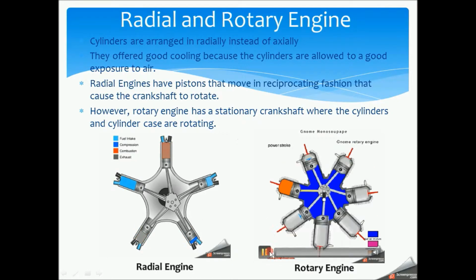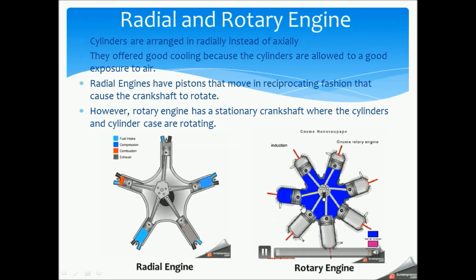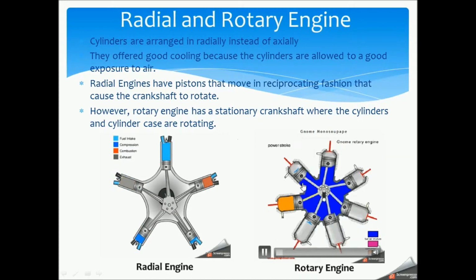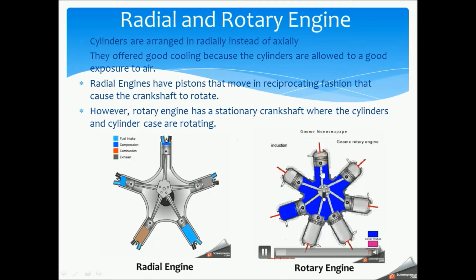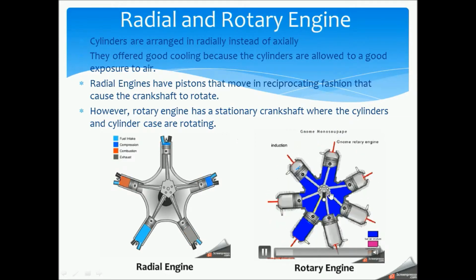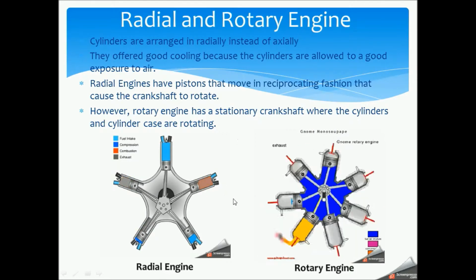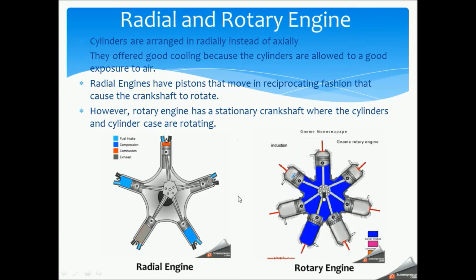As for rotary, the cylinder and the cylinder case are moving in rotational motions. However, the crank itself is stationary. That is the difference between radial and rotary engines.